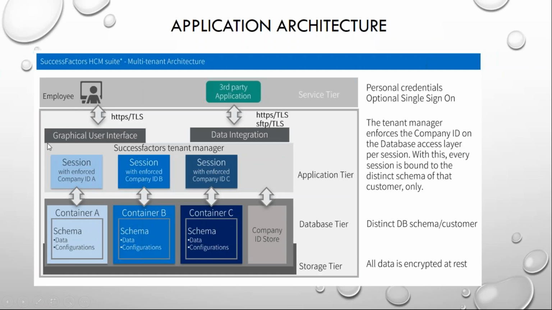So using the graphical user interface, the user will log in, and at the database level, the system will try to identify me through the company ID I use. I logged in using a company ID, right?